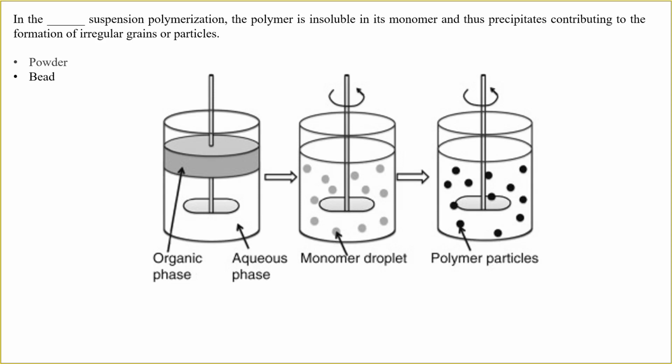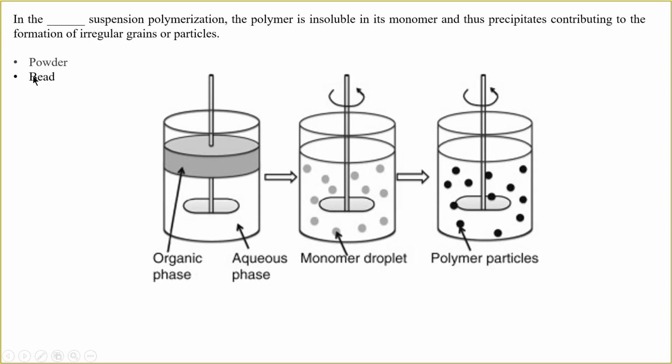Now, in powder suspension polymerization, the polymer is insoluble in its monomer and thus precipitates, contributing to irregular grains. In bead polymerization, the polymer is soluble in its monomer and it is smooth and spherical, hence the name bead.